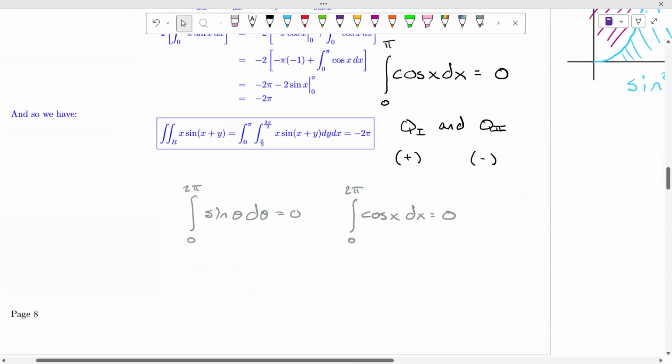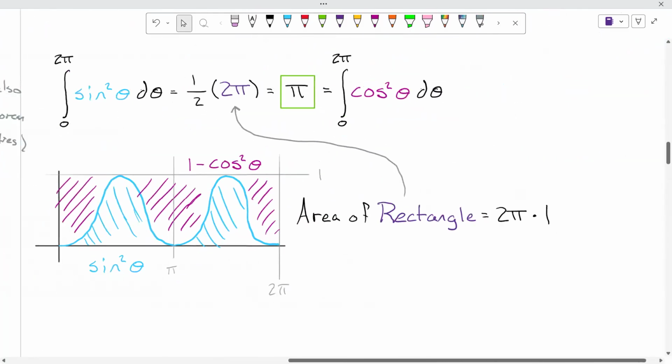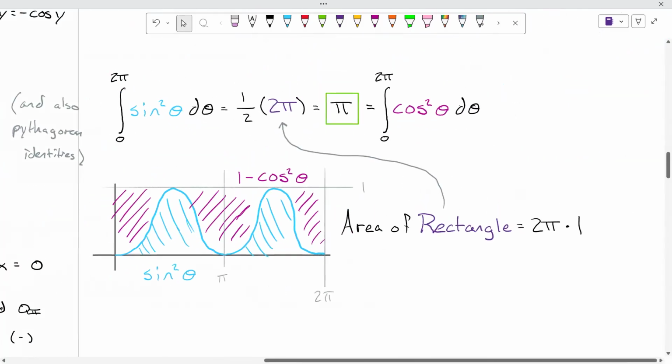But since I'm on the topic of evaluating some trig integrals and doing it geometrically, another one that I think is very handy to know because of how frequently it comes up is the integral of sine squared or cosine squared from 0 to 2 pi.